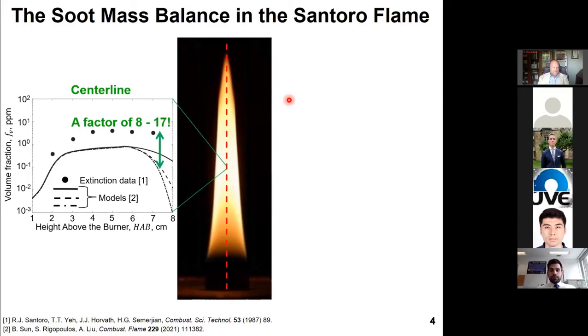For example, here you can see the soot volume fraction that has been measured at the center line of the Santoro flame by light extinction. You can see that these volume fractions are between 8 to 17 times larger than those obtained by different combustion models that were published just earlier this year.